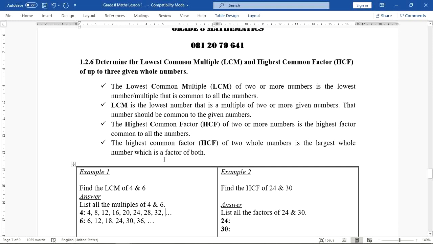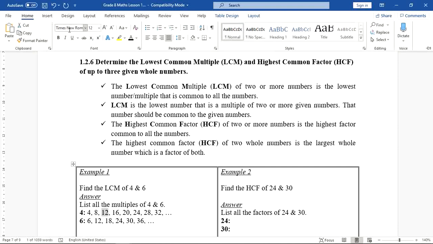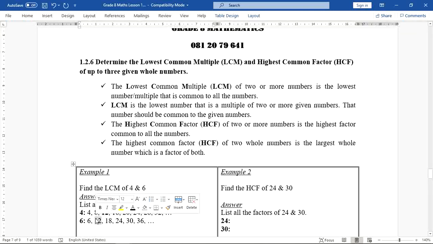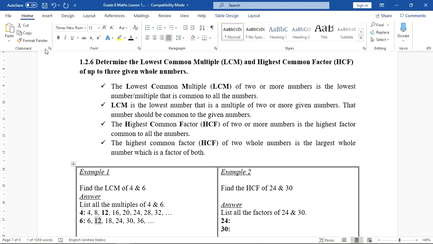So what we need to do now is find the lowest common multiple. If you look at number 12 and also number 12 here, this is the lowest common multiple of 4 and 6 because it is common to both of them and is the lowest.